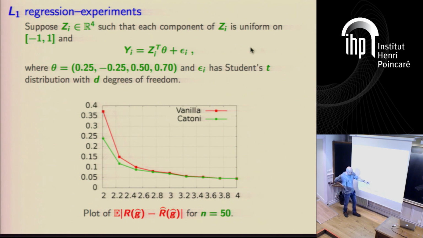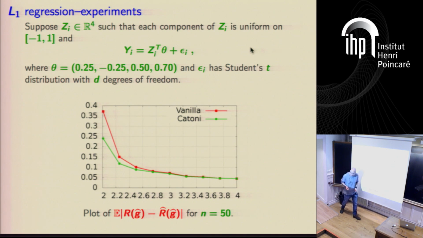You can see that when the tail is nice, vanilla means the usual empirical risk minimization, so just empirical sample means are used and minimized, and with the Catoni means we minimize these robust estimates. And you can see that as the noise becomes heavy-tailed, we really have a big improvement.